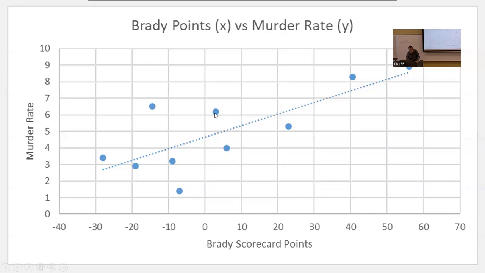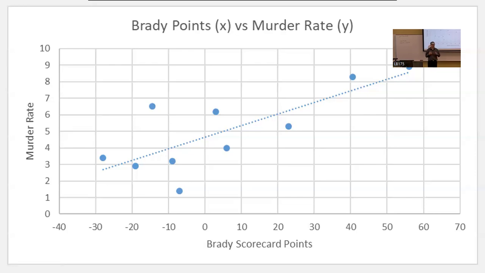So here, our line would have underpredicted this point. But here, our line would have overpredicted this point. So we would have a positive error for this one and a negative error for this one. We try to minimize that.